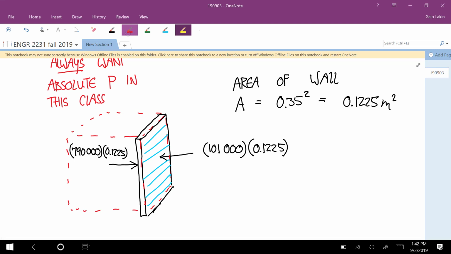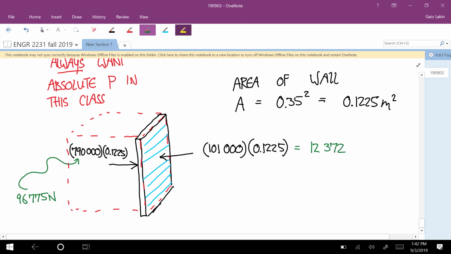And so this one comes out to be, and the units are newtons because we're in SI units. And the other side comes out to be 12,372, I think. And that's newtons.